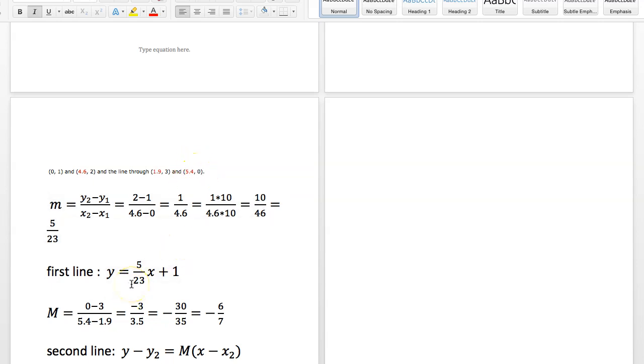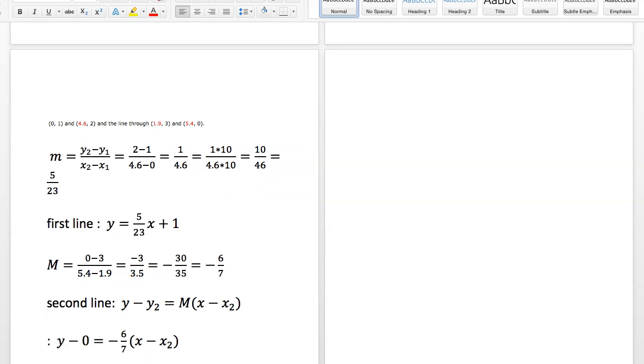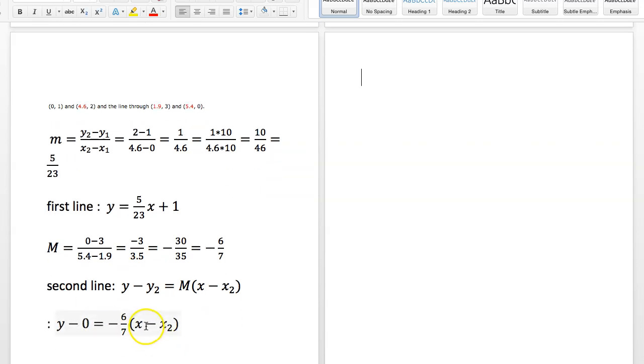Y2 was 0. And m was negative 6/7. And it's not scrolling down real well. Okay, there we go. And x2 was 5.4, right? 5.4.